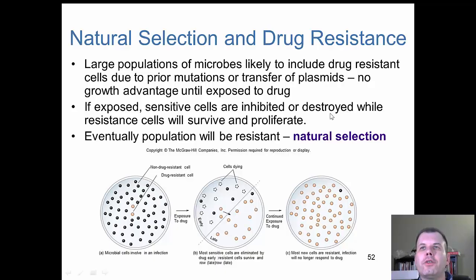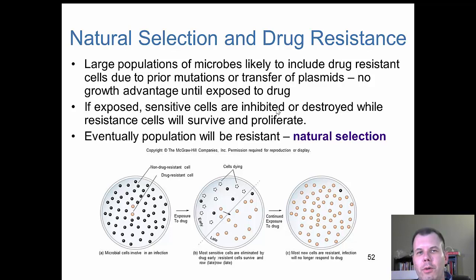All right, so natural selection and drug resistance, and this is important for those that take lots of antibiotics. We get into situations, especially if you go on and work in nursing homes, where people are on long-term antibiotics. The problem is that when you take an antibiotic, you're not only killing the pathogen, you're killing all the good bacteria inside of you.